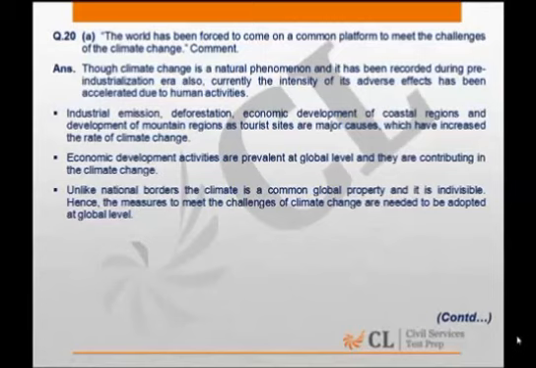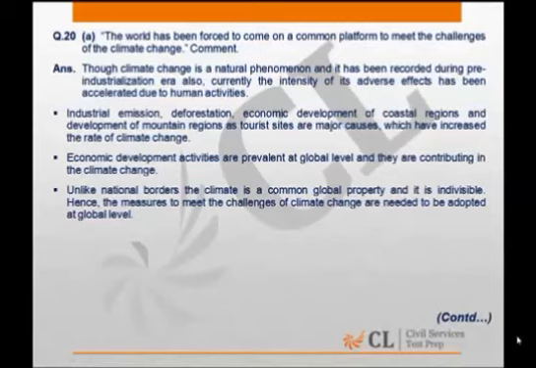But still the deadlock is between the developing nations and developed nations. Developed nations say that the major chunk of emission comes from developing nations like India and China. There are different protocols like the Kyoto Protocol, but all nations are not signatory to these protocols. That is the deadlock. But still, they have come on a platform to address this problem.